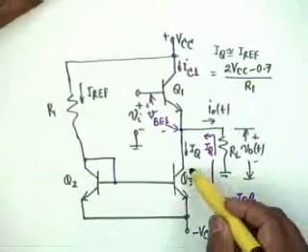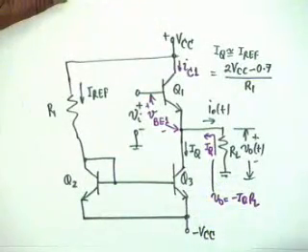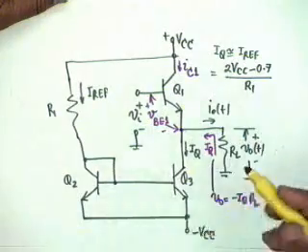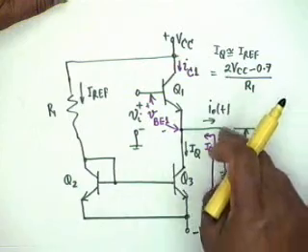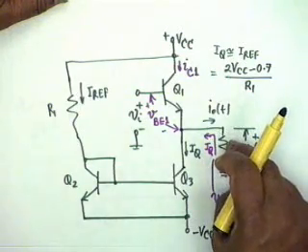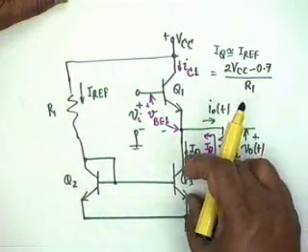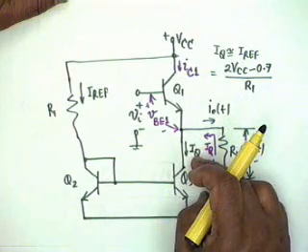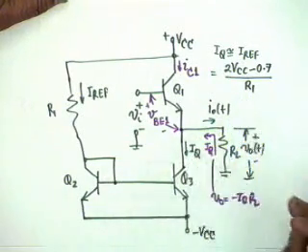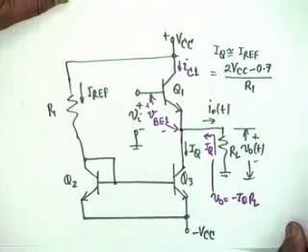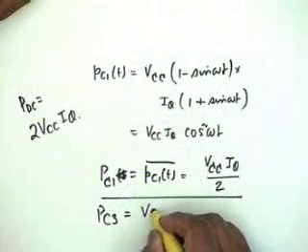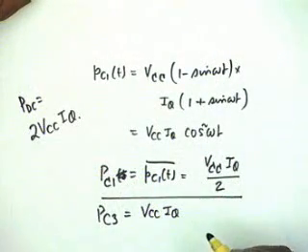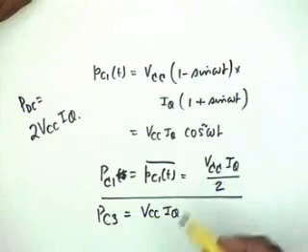You see the voltage across Q3, the average voltage is VCC, because this voltage is a fluctuating sinusoidal voltage. The average value of this voltage is VCC. The average current is IQ, and therefore the dissipation in Q3 is equal to VCC times IQ. So PC3 is VCC IQ. Now I have been able to get 3 VCC IQ by 2.